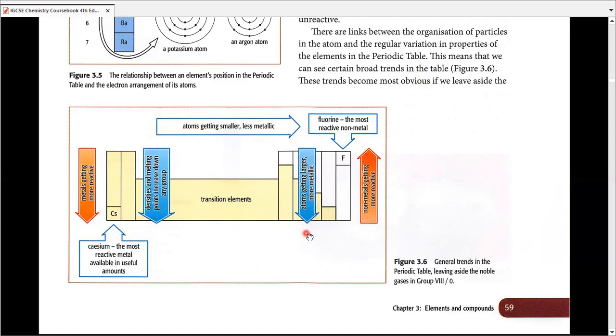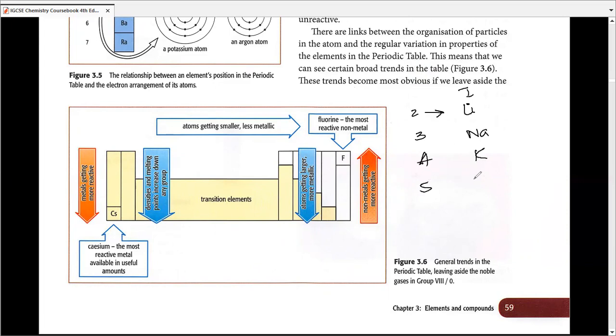If you move from top to bottom, atoms get larger and more metallic. Now, atoms getting larger is something that we can easily understand. For example, in period number 2, we have lithium in group 1. If we talk about period 3, that is sodium. Period 4, that is potassium.